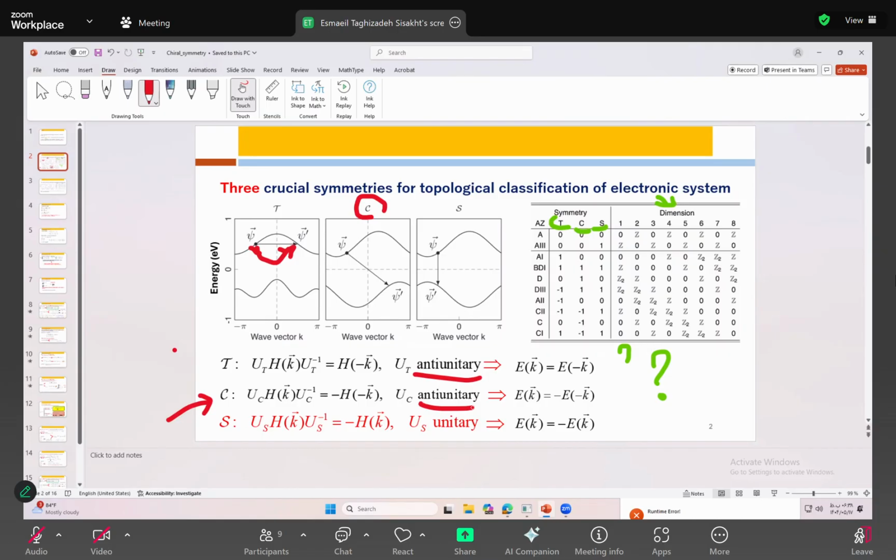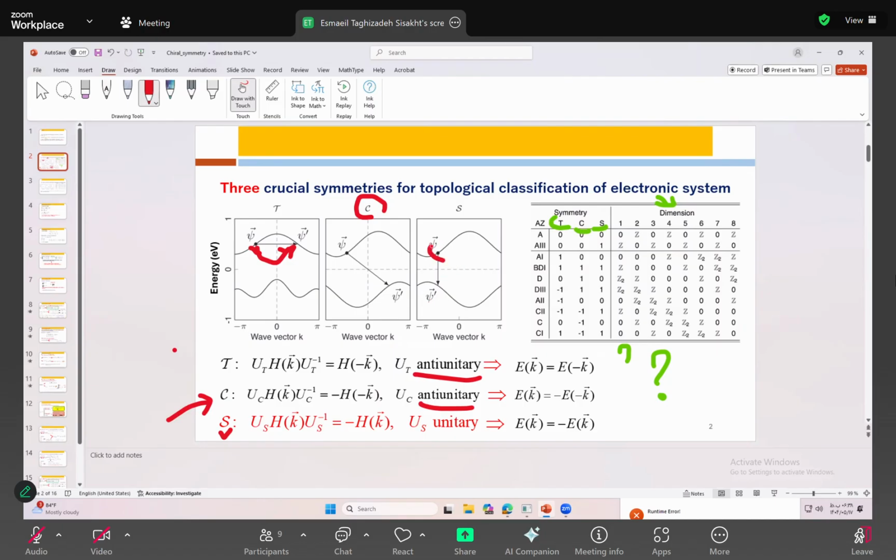The other one, which we may write as the multiplication of the transversal symmetry and particle hole symmetry, is called the chiral symmetry. In the chiral symmetry, each K point is connected to the same K point of the state but with minus energy.